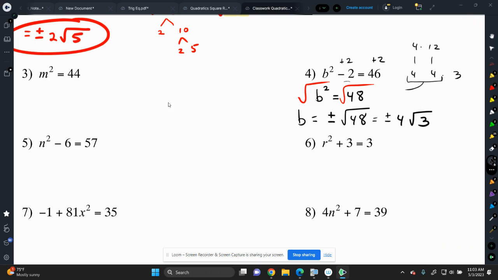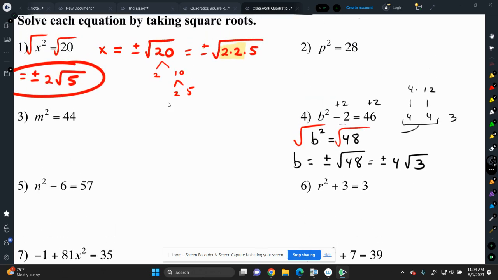Anybody have a question on that one? I got 2 square root. So how did you get 2? So for number 2, for root 7, I got 2. So 28 is 4 times 7, right? So the 4 factors down to 2 times 2.